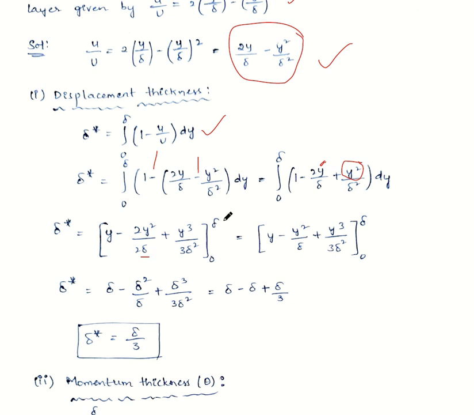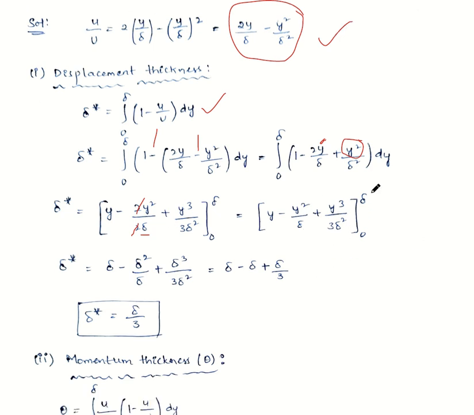If I simplify this, I get y − y²/δ + y³/(3δ²), since the 2 and 2 cancel. Now just apply the limits of 0 to δ. When you substitute 0, everything becomes 0. So the upper limit is δ: in the place of y, δ, minus δ²/δ plus δ³/(3δ²).